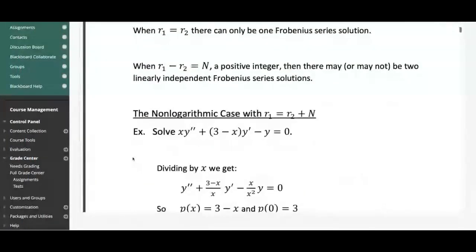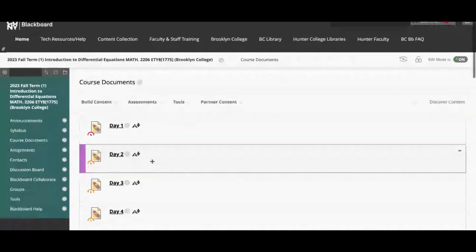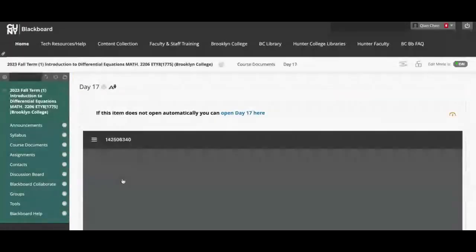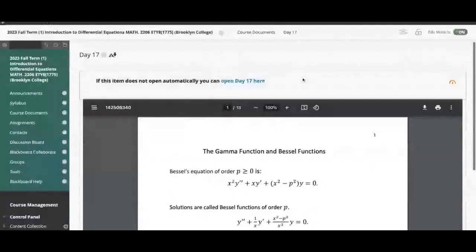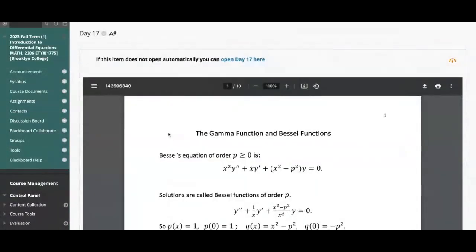So that's 16. I think I did talk about 17 already, right? But in any case, let me know if anyone has any questions. So 14, 15, 16, 17 are all very heavy.